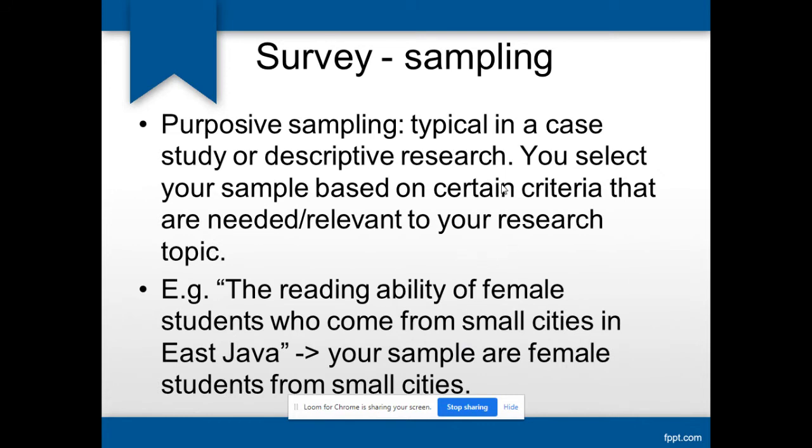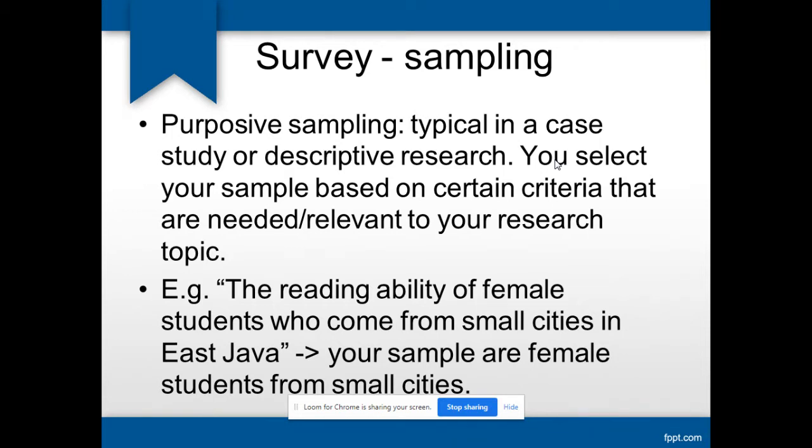Now, purposive sampling is another type of sampling, but this is typical in a case study or in descriptive research. It is not in a survey. When you are doing descriptive research or a case study, you may use purposive sampling. Purposive sampling is when you select your sample based on certain criteria that are relevant to your research topic.